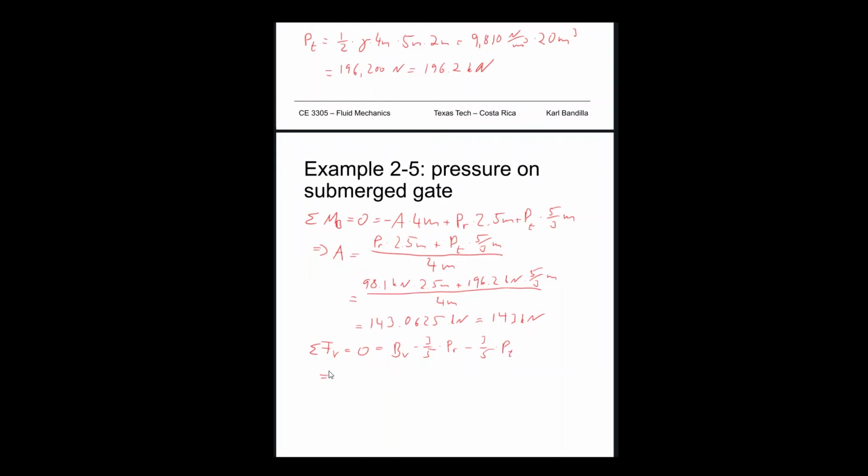So that means we can solve this for BV. And what do we get? Those are both negative, so they flip over.